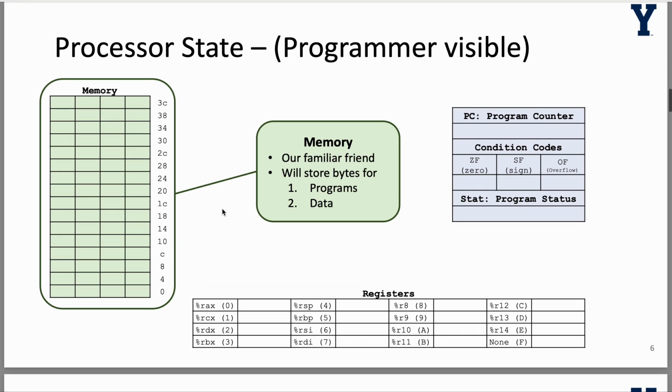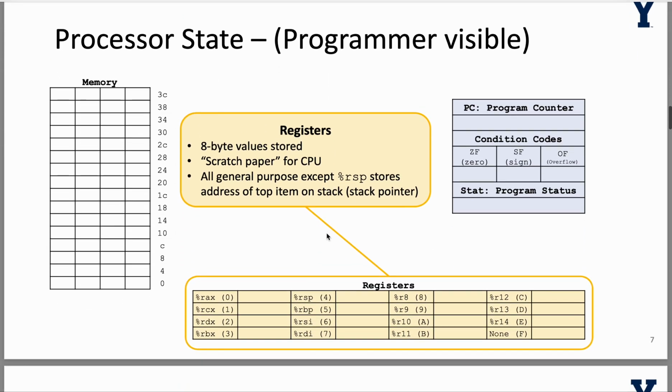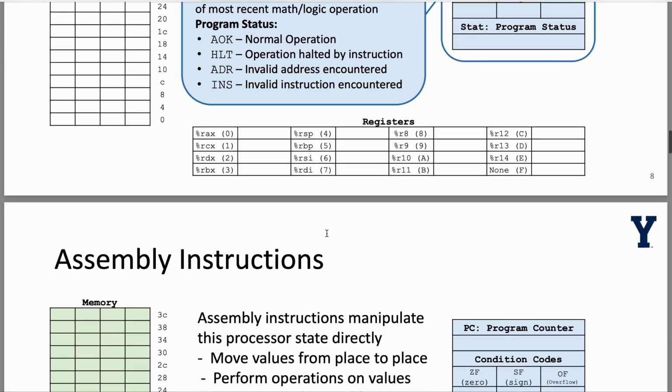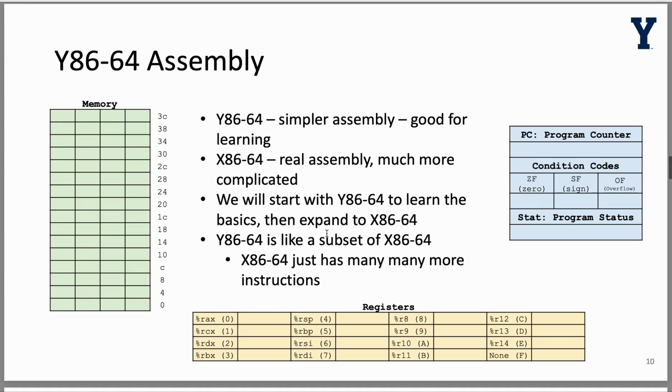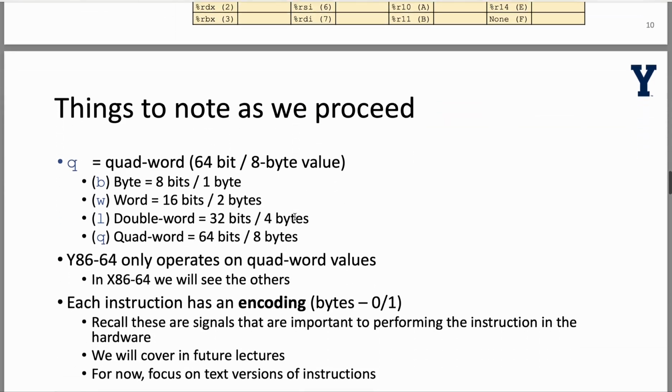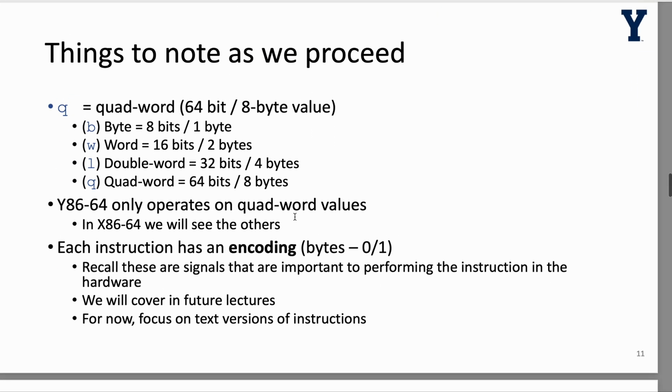So you will become real familiar with this in the next little while. This Y86-64 is simple. Later we'll look at x86-64, which is running on most of your machines, and that's the Intel architecture. Okay, a few things to think about.